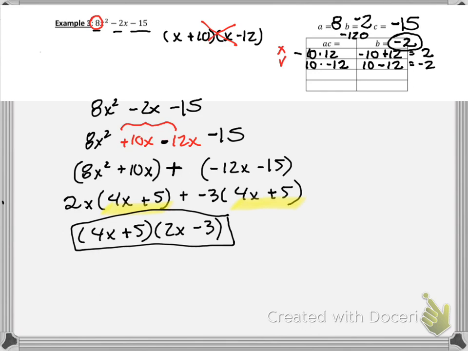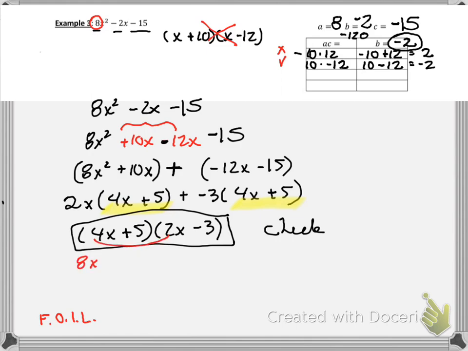Okay, and remember, the beauty of these problems, just like many of the problems we do in this course, is that you can go back and use FOIL, or, in the case of other problems, some other method, to check your work. So let's do this.